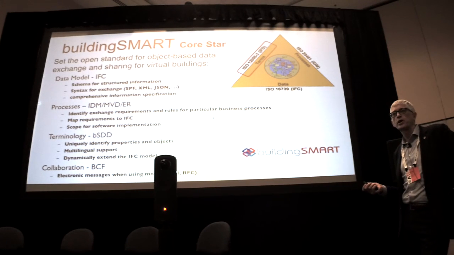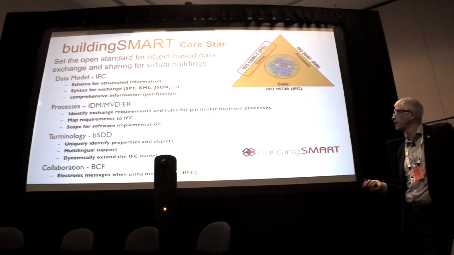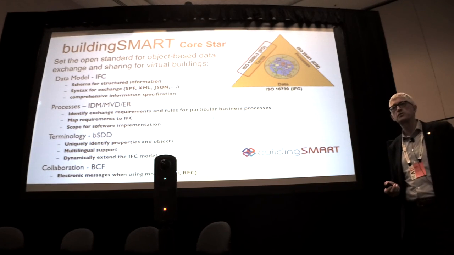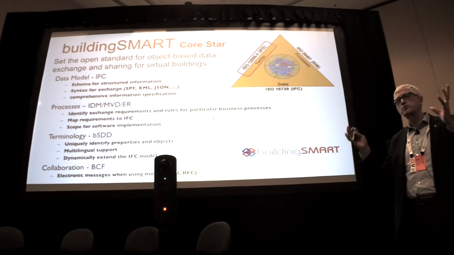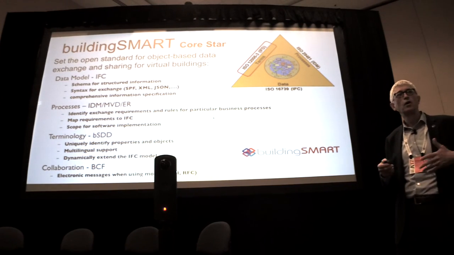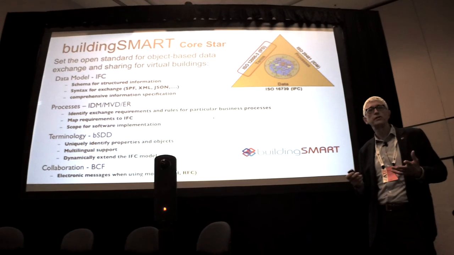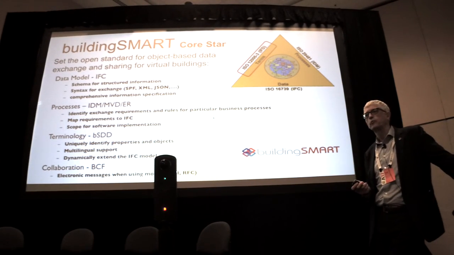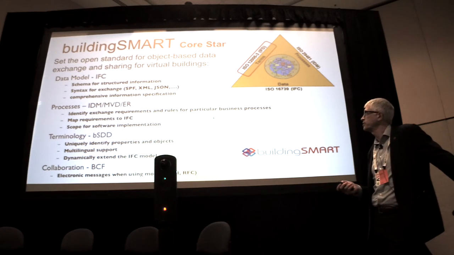Building Smart also has ways of modeling processes like IDM, model view definitions, and exchange requirements. This is meant to say that we have this big model that tells how all the different pieces and parts of a building, or increasingly now of infrastructure, we're doing a lot of work with bridges, road, and rail, and how those components fit together.